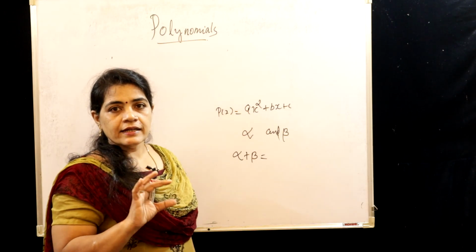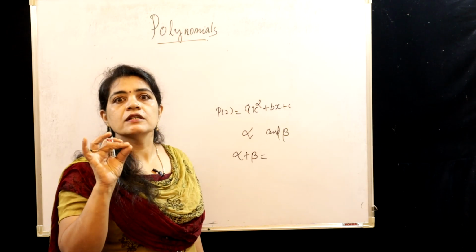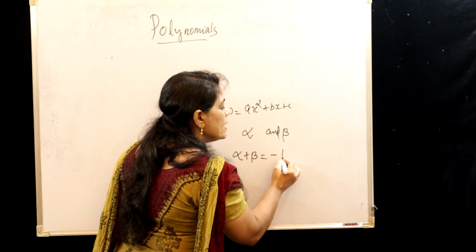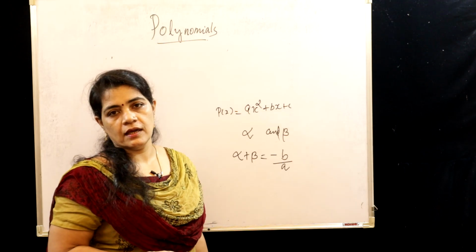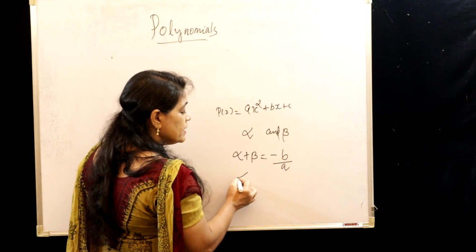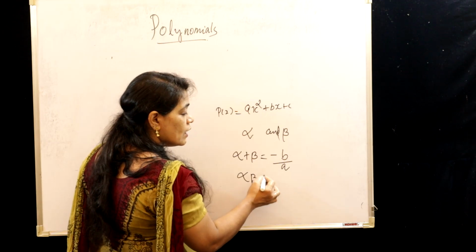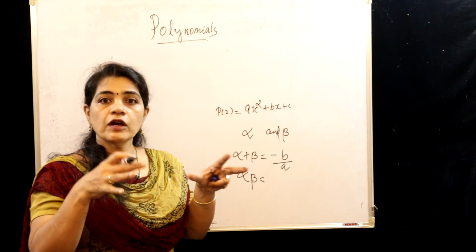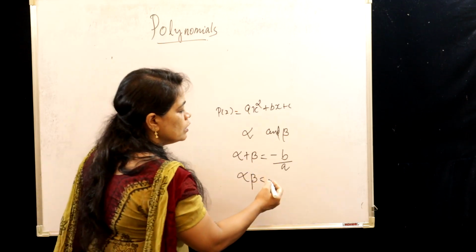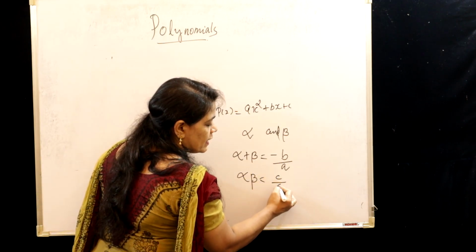You can relate this: alpha plus beta equals minus b by a. And the product of zeros, alpha into beta, is equal to c by a.